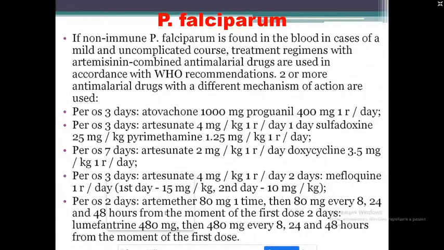Artesunate 4 milligram per kilogram one time a day during 2 days. Mefloquine one time a day: first day 15 milligram per kilogram, second day 10 milligram per kilogram, for 4 days.